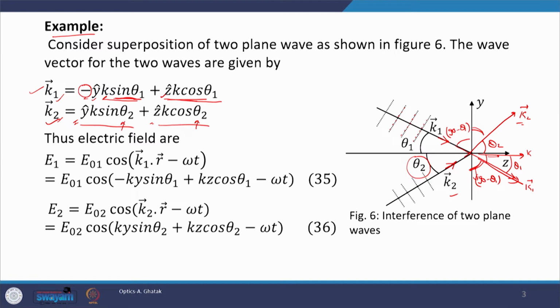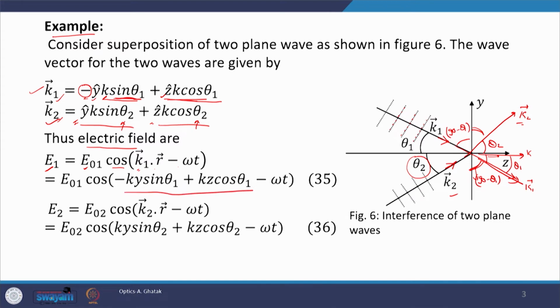we can write the corresponding expression for electric fields. Now, for the first wave, electric field can be written as E1 is equal to E01, where E01 is the amplitude of the field, and then the phase part cos of k1 dot r minus omega t. Let us write k1 in its component form.